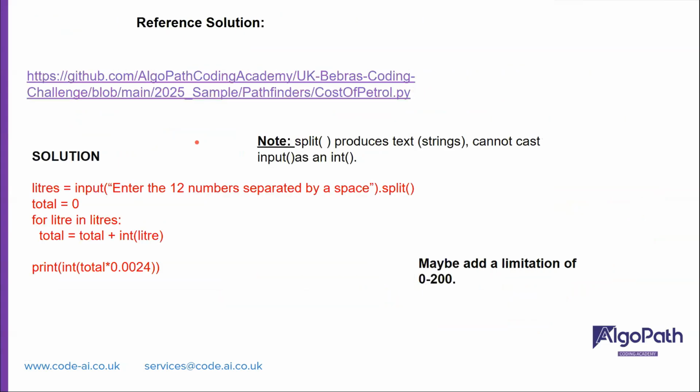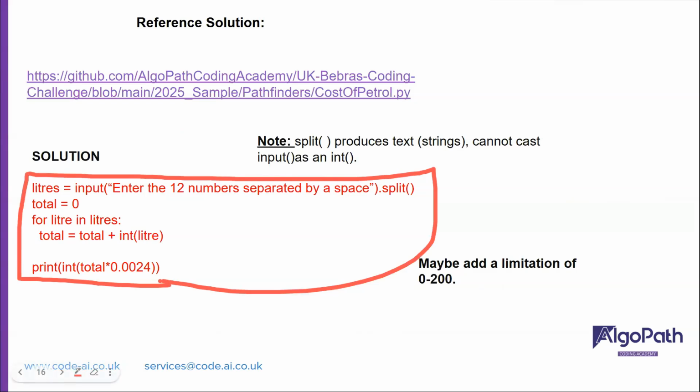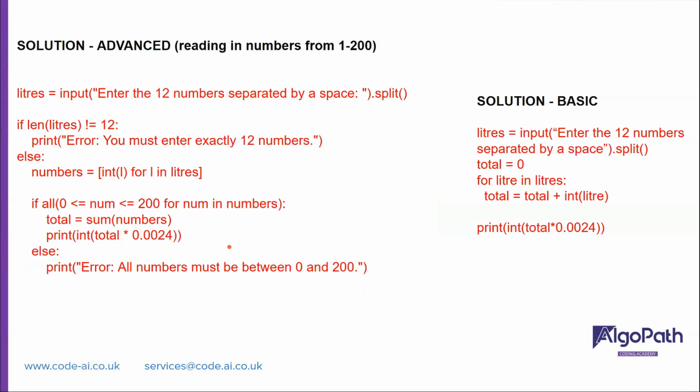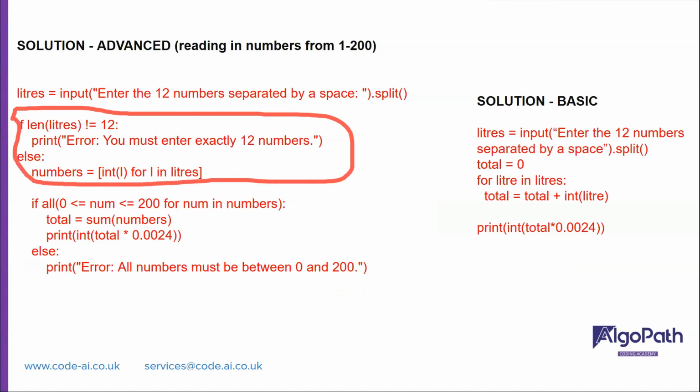Okay, let's move on now to the actual final solution here. Now, if you're interested in the advanced solution, then this is what it would look like here. So here we see I have my if and else. I'm simply checking here if the numbers entered above are 12 or not. If they're not, then it's going to print an error. If they are, it accepts them.